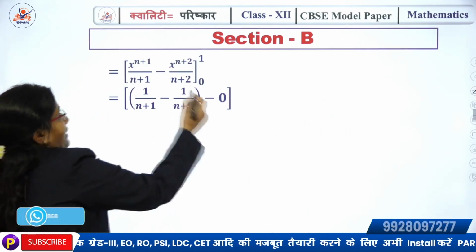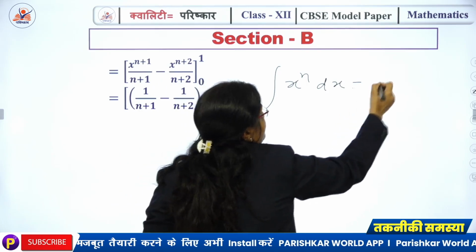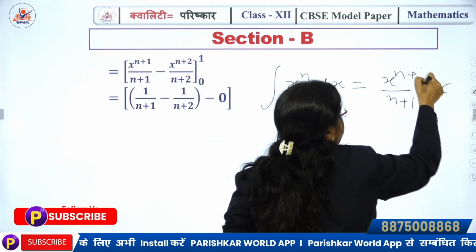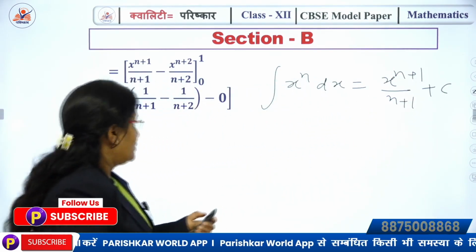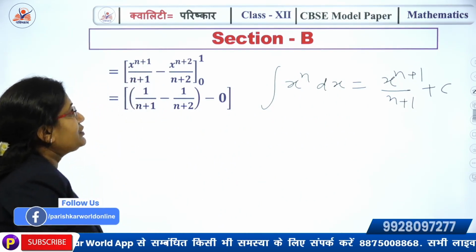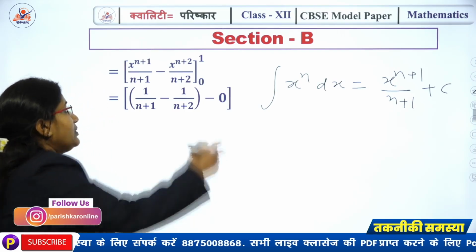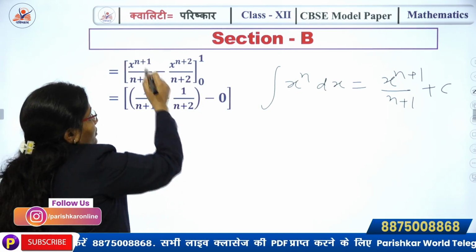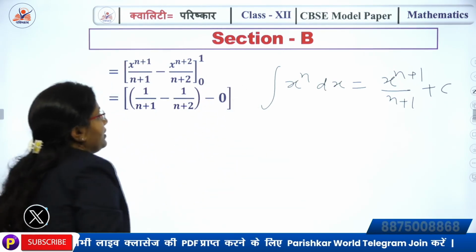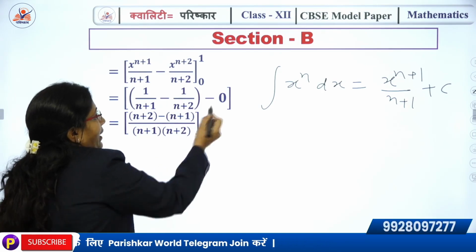The integration of x to the power n is x to the power n plus 1 upon n plus 1, and the integration of x to the power n plus 1 is x to the power n plus 2 upon n plus 2. After putting the lower and upper limit, we have 1 upon n plus 1 minus 1 upon n plus 2 minus 0.